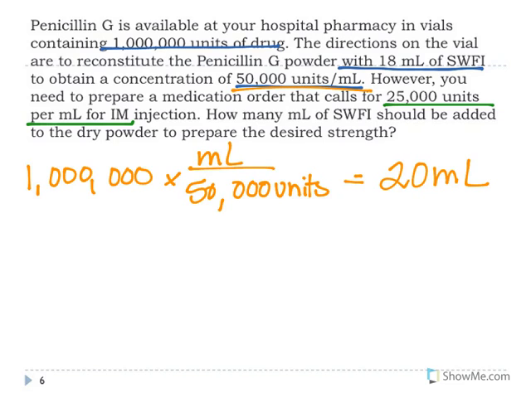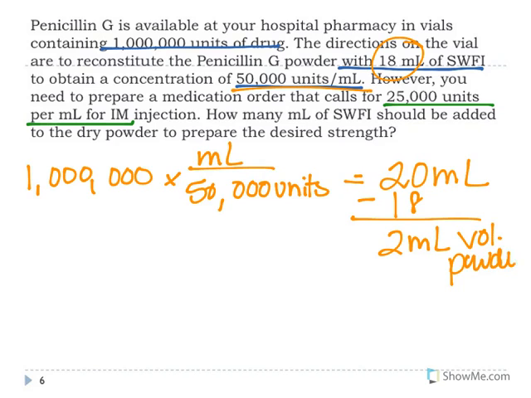But some of that was from the powder. How many milliliters of sterile water for injection did we have to add to get to that 20? Well, we added 18. So for our step one, if we minus the 18, we know that 2 mL is the volume of powder. Now we can go to step two, which is our C1Q1 equals C2Q2.